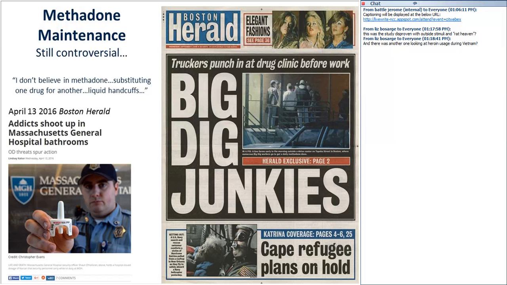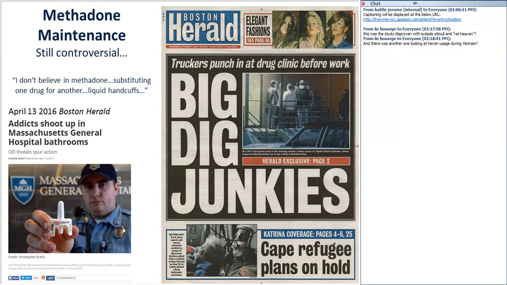And my least favorite example, or I guess my favorite example, but really an awful example, was back when there was a huge construction project in Boston, and many of the construction workers at what was called the Big Dig, some of the construction workers suffered from opioid use disorder, and they were going as required to get good treatment at a methadone clinic, and they lined up there every morning because that was the only way that they could get their medication treatment for their addiction.